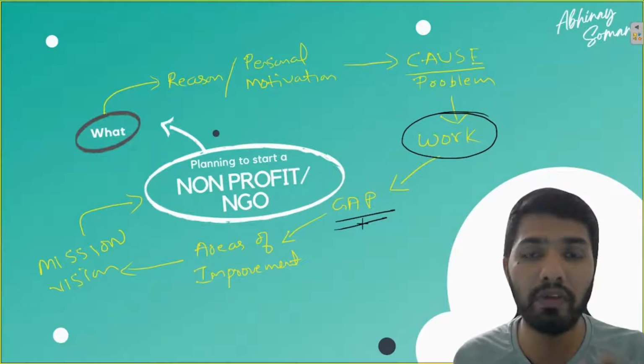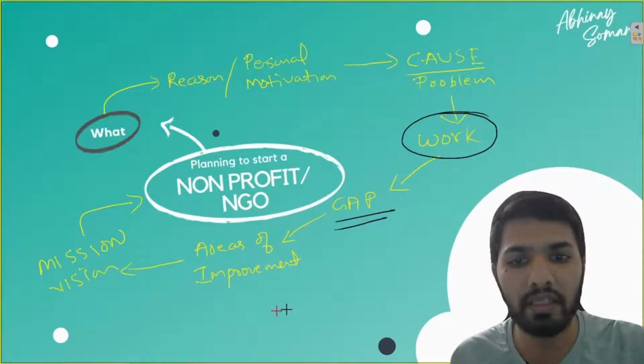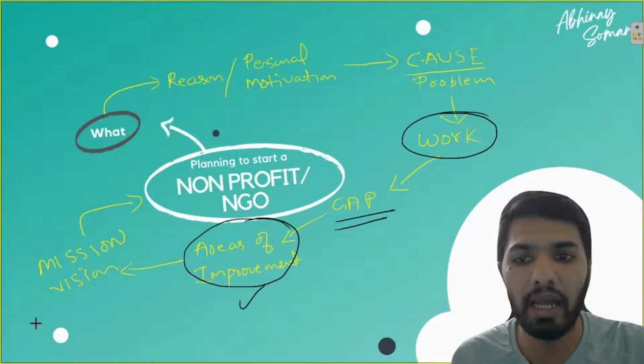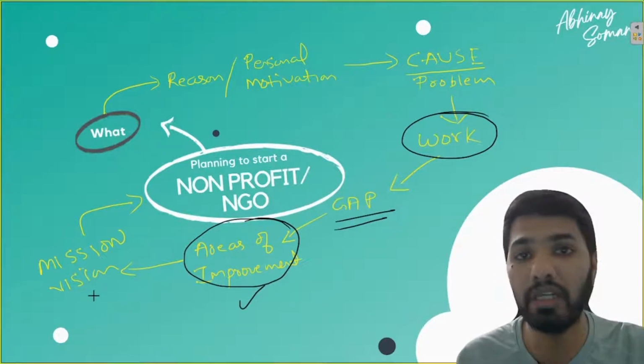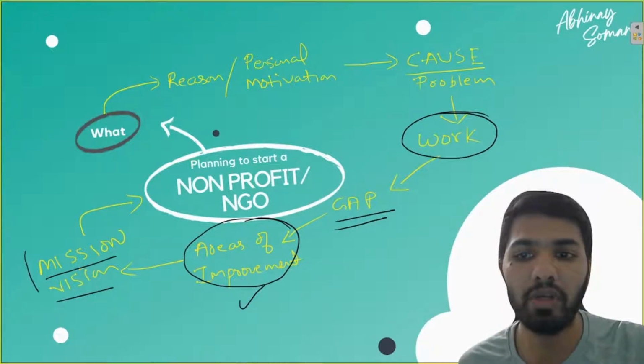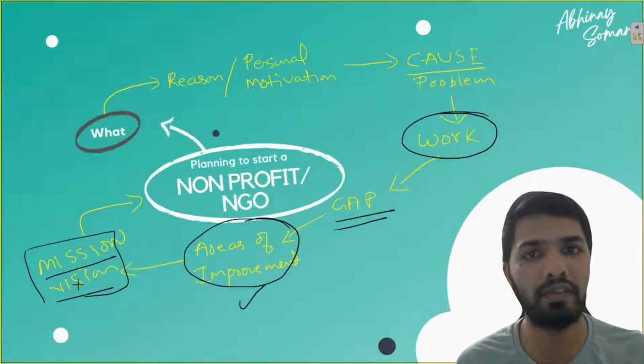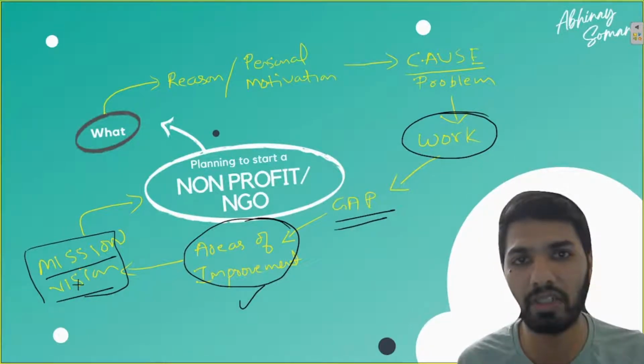But if you're not able to find such an opportunity and you still find areas where you can improvise, that is when you plan to start your own organization. And this journey will help define your complete vision and mission. To be honest, the vision, the mission statement, and the idea of starting your own organization do not start from scratch.